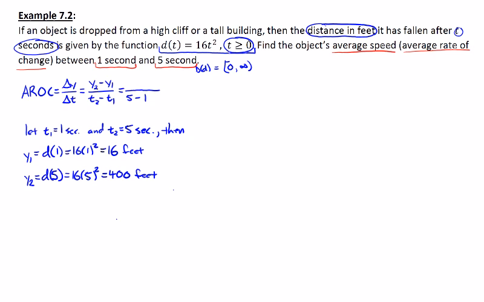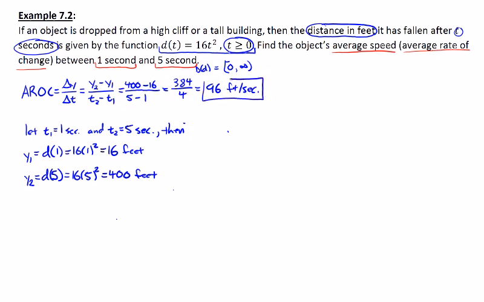So now I have y2 and y1. Let me substitute those into my AROC calculation. 400 minus 16 is going to give 384, divided by 4, which is exactly 96 feet per second.